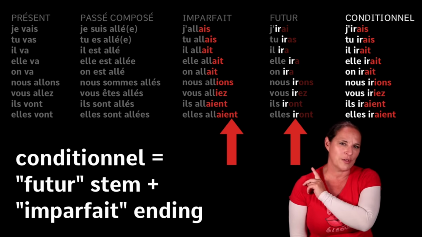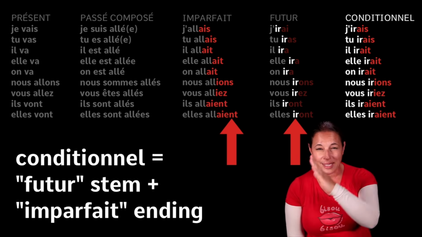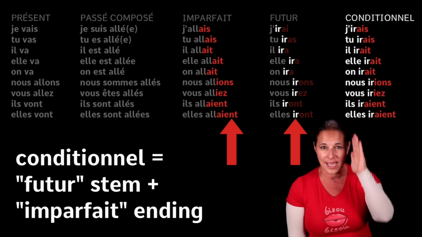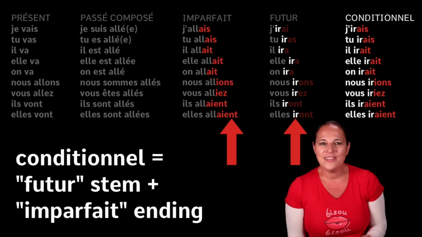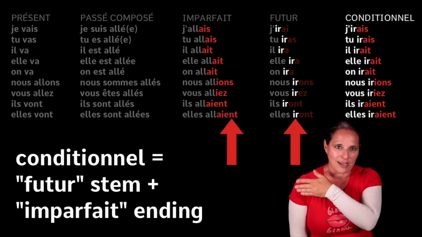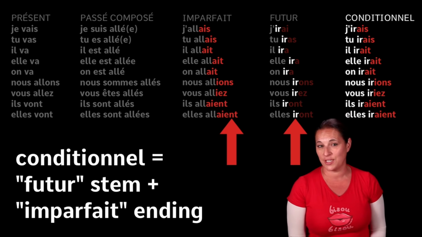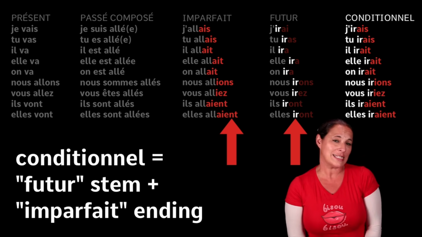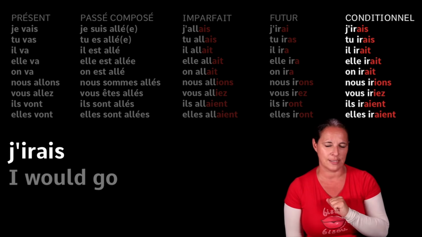And this is why you've got them all spread out so you can see. So now your eyes are geared towards the imperfect endings. You add them to the future stem, ir. See that? You glue them together, and then you've got the conditional tense. And basically, we are trying to say, I would go, you would go, and so on.